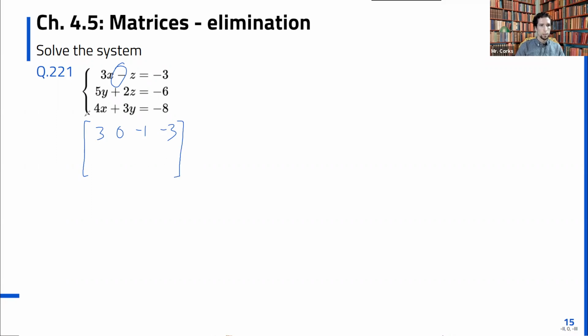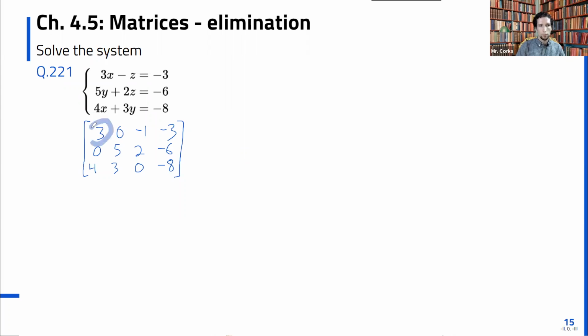All right, so the rest, if we just notice that, is 0, 5, 2, -6, and 4, 3, 0, -8. So there is our matrix for the system. We have a few different ways we could do this.